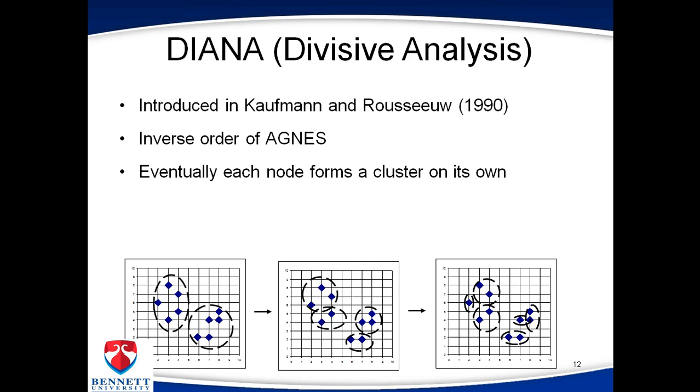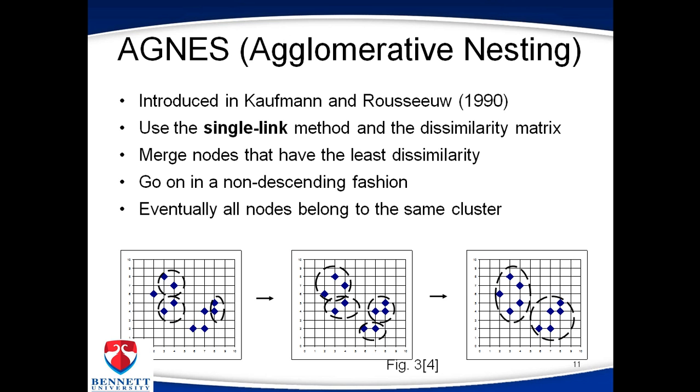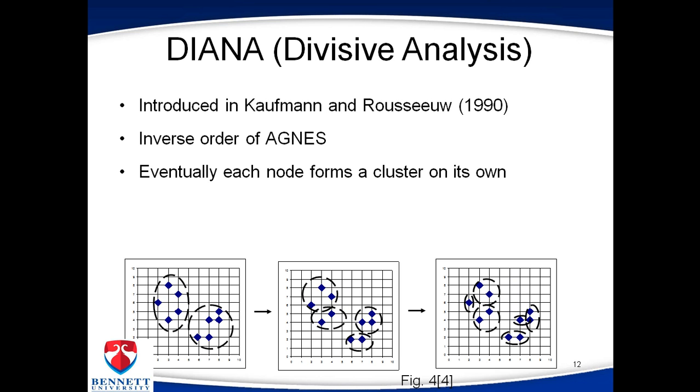In the previous slide there were three clusters and two elements, but in this last slide every single outlier forms its own cluster. That is the good thing about this.